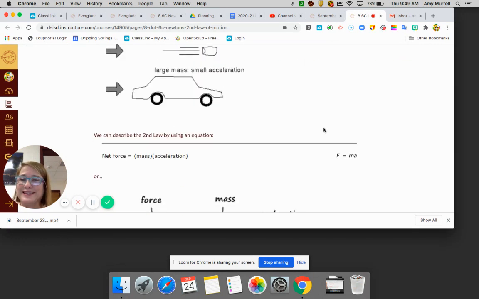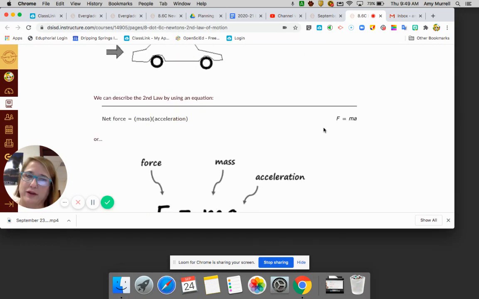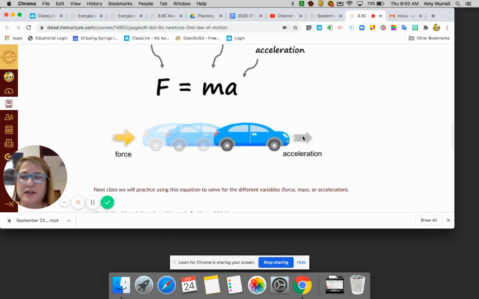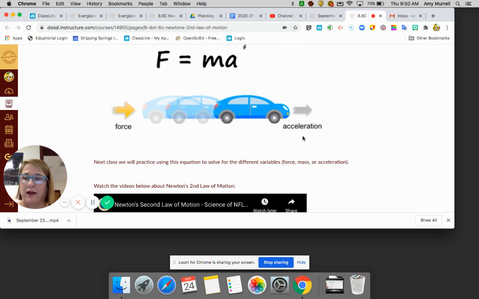There's a really simple equation to help us calculate all of these changes in motion, and it's force equals mass times acceleration. Lucky for us, this three variable formula fits into a triangle just like speed. So you'll be using F=ma triangles just like you use DST triangles.